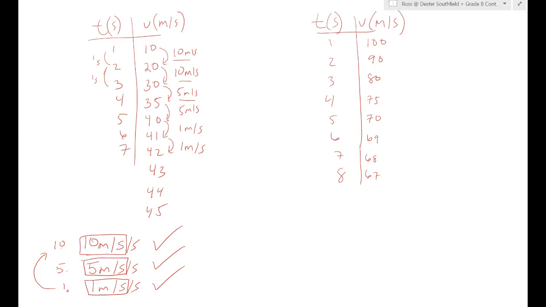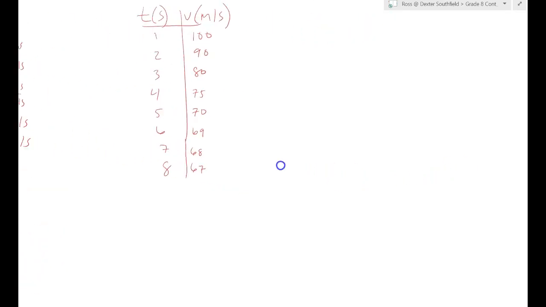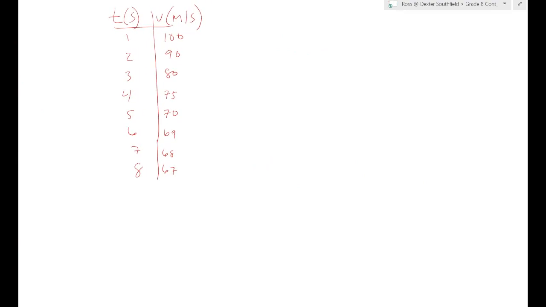Now let's take a look at this on the other side. So if we come over here and we're looking at these numbers, again, we're going by every second, right? 1 second, 2, 3, 4, 5, 6, 7, 8. And we're looking at our velocities. But our velocities are now going down from 100 to 90 to 80. So here, our rate of acceleration is actually going to be negative 10, right?